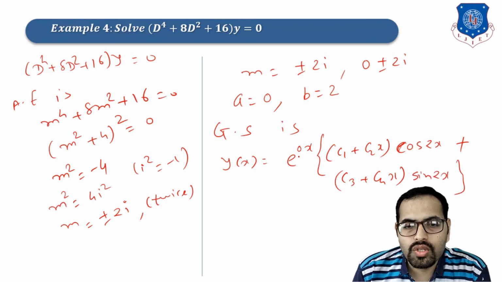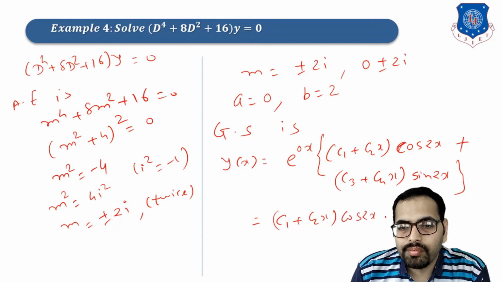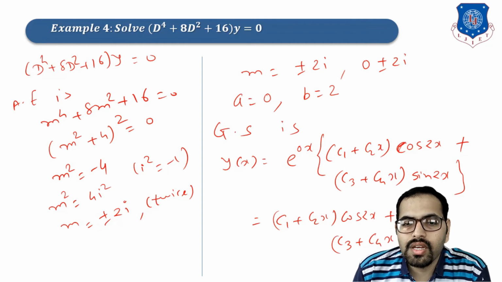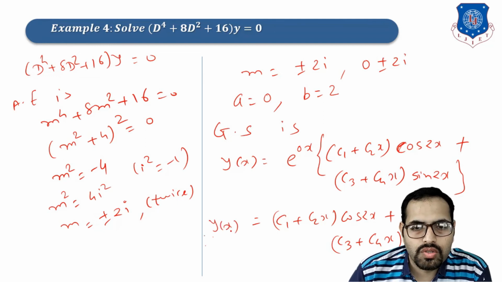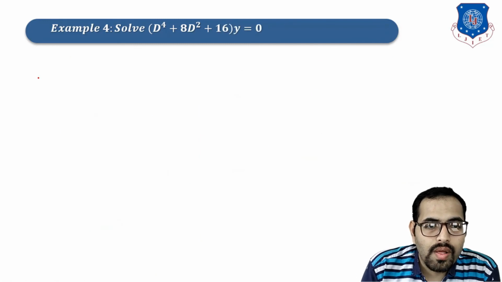Understood? e raised to 0 is 1. Then it becomes c1 plus c2x cos 2x plus c3 plus c4x sin 2x. This one is our general solution. Understood? Let's discuss one more example.